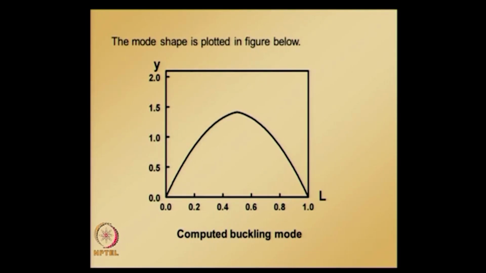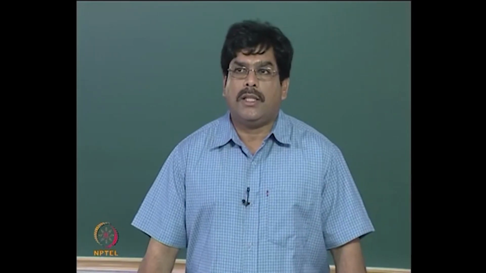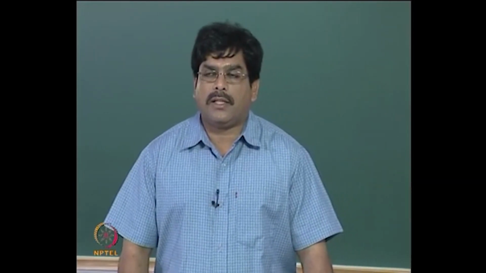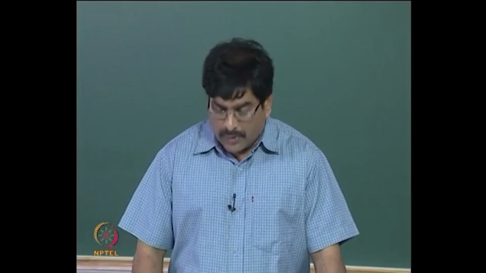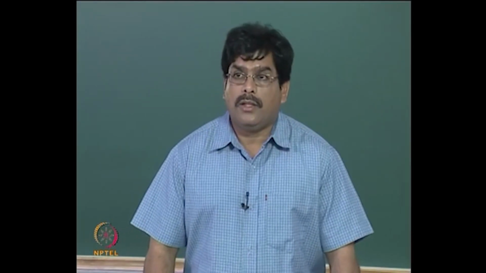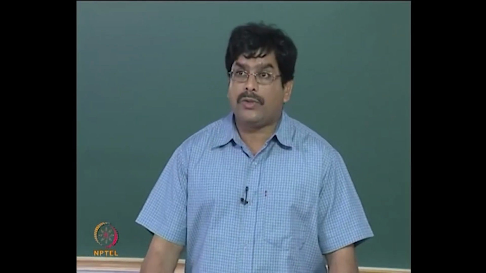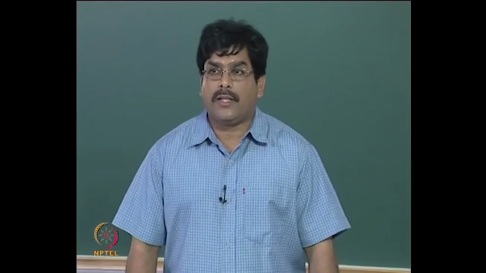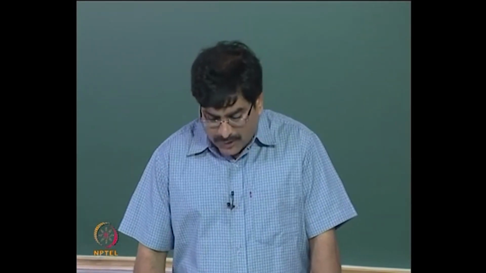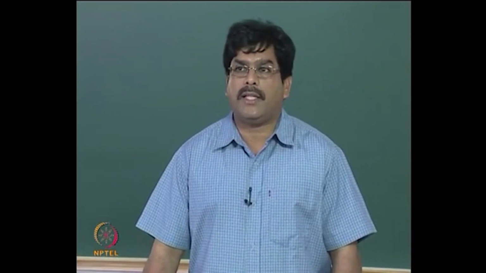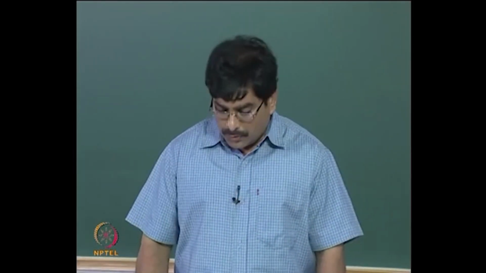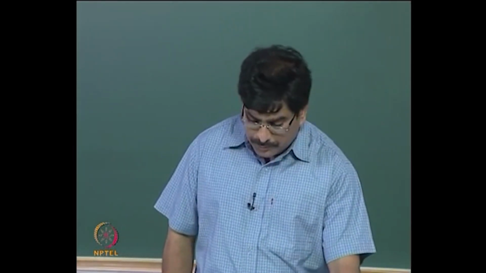So, we will be discussing one of the numerical techniques which is widely used in finite elements, that is Gaussian quadrature for evaluating the integrals. So, that we will be discussing now.